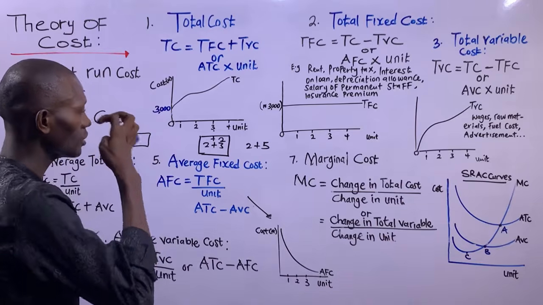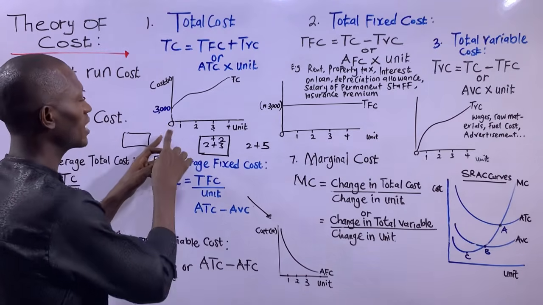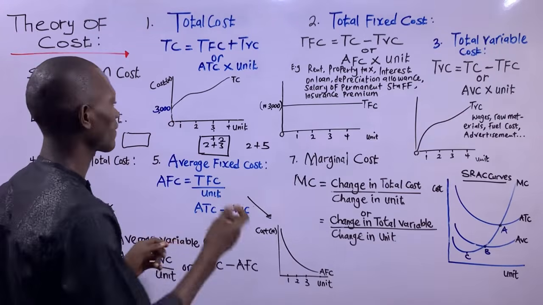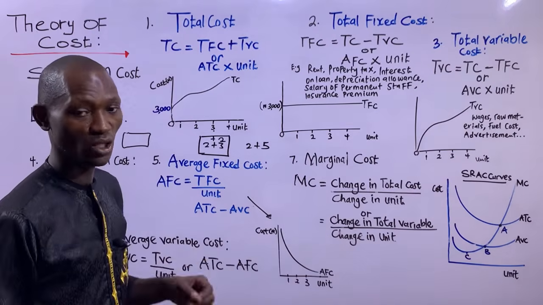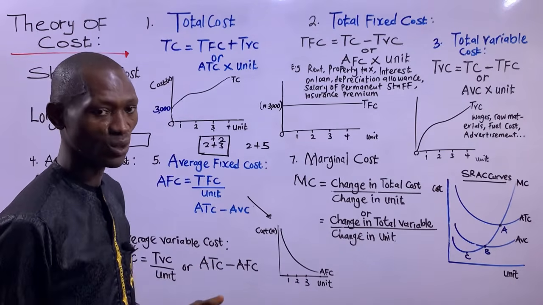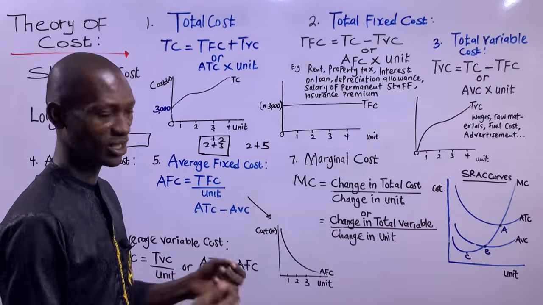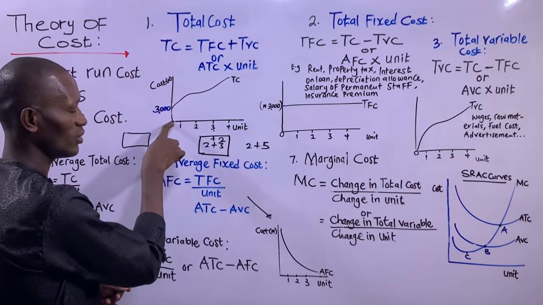Now, total cost will not often start from the origin. And the reason is just because of the elements of the fixed cost that is often incurred, even when output is zero. So total fixed cost, even when output is zero, you will have to incur it. So total cost is not starting from the origin.